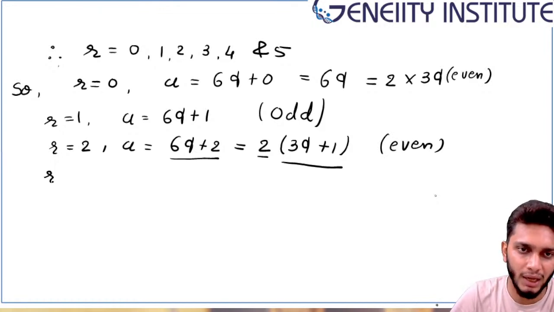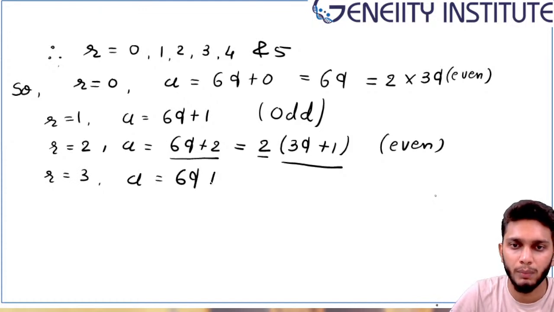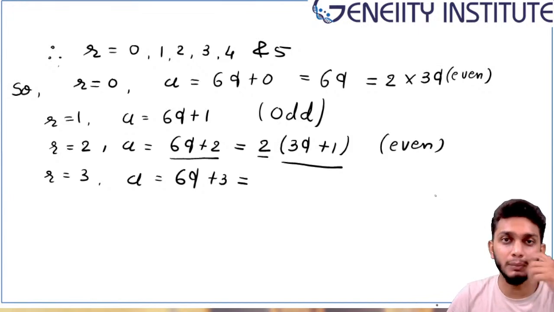Now r is equal to 3, a is equal to 6q plus 3. Can you write it as a multiplication of 2?